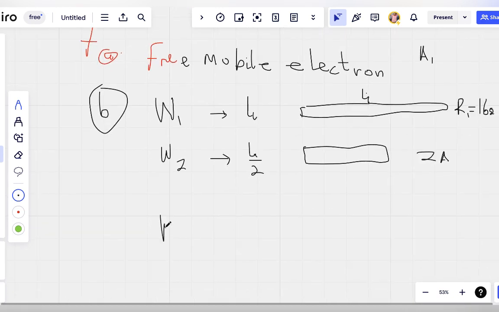To find the resistance R2, R2 will be equal to R1 times half of the length, times one all over the area.